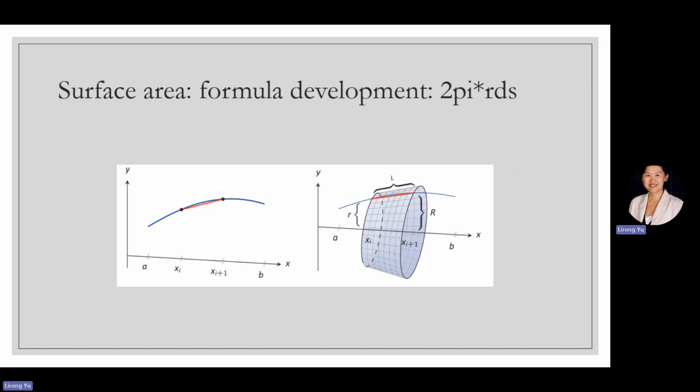All right, so what's the surface area calculation? First, we want to form that formula. Over here, we're looking at how we form that surface. So let's imagine you have a curve, which is the blue one. You are rotating this whole curve about the x-axis. We're rotating the curve, not rotating the surface. If you're rotating a two-dimensional surface, you'll be forming a three-dimensional shape.